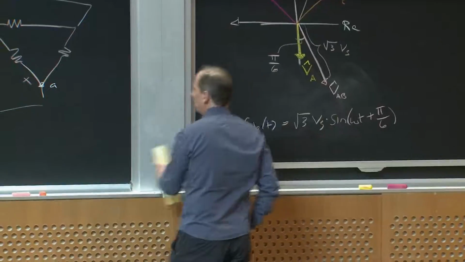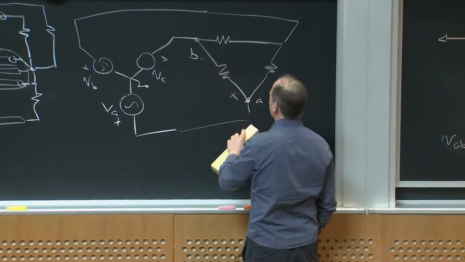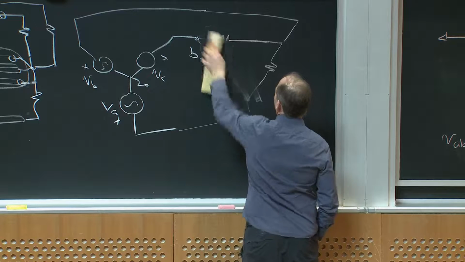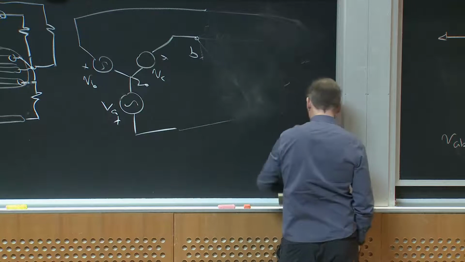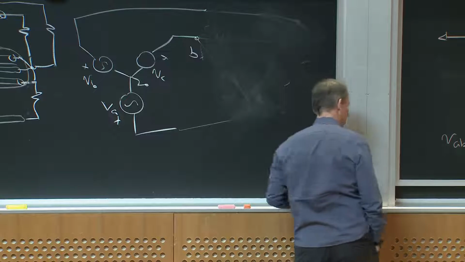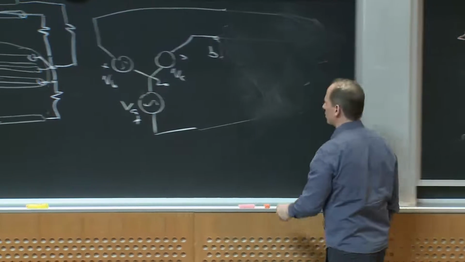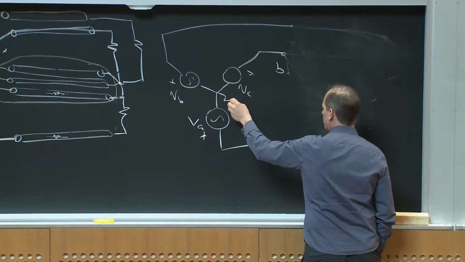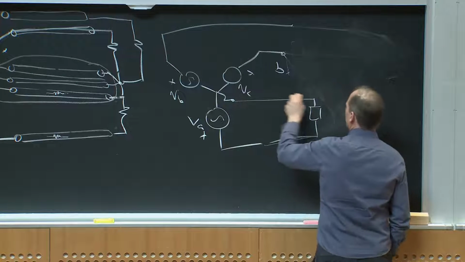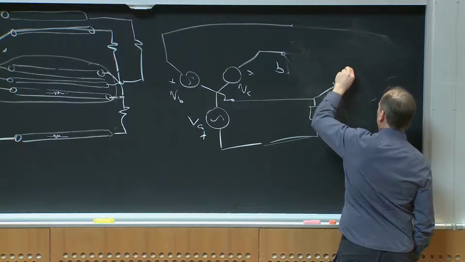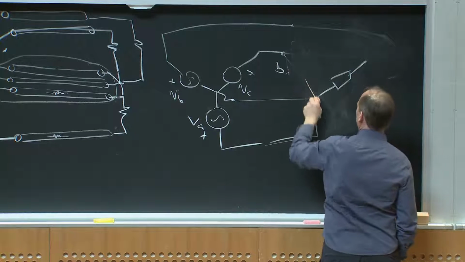But let me imagine, in fact, what I'll do is let me connect up a Y-connected load here, okay? So I'll go, and it doesn't actually matter if the load is Y or delta, but it's clearer to see here. Okay, so suppose I have some set of loads that looks like this.